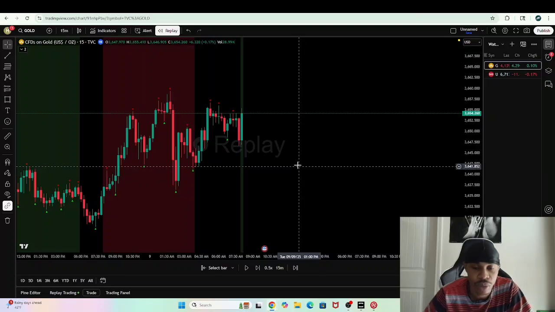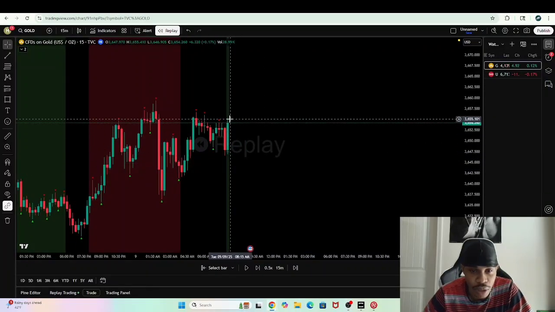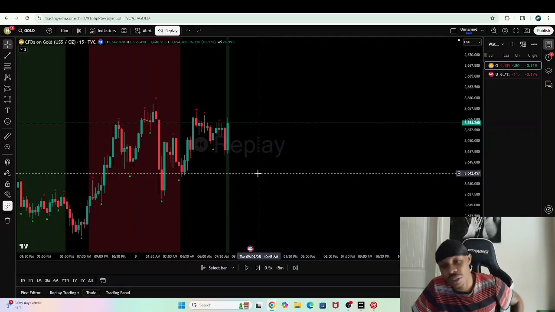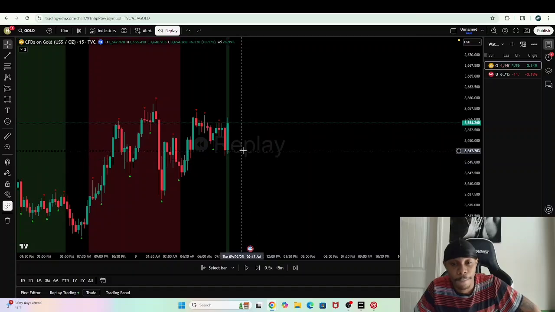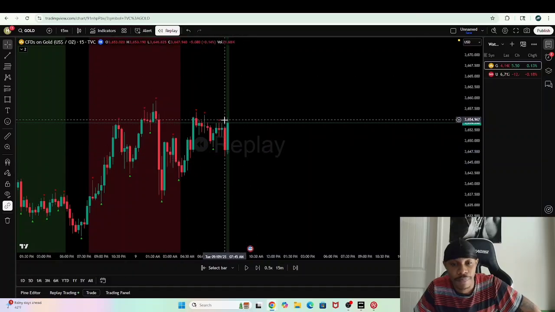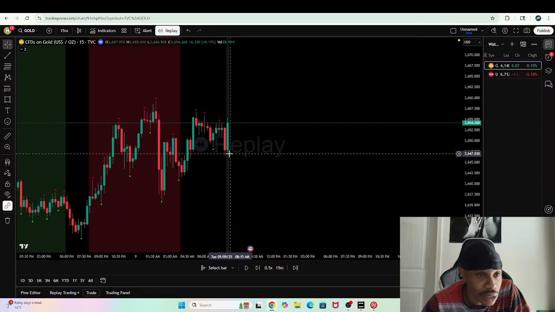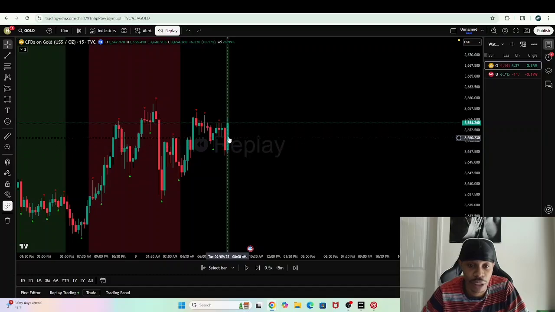Alrighty, so what I'm looking at now is I see price broke this recent high and also broke this recent low. And on top of that, since it's on a 15-minute, I would imagine this candle right here had to come up like that.